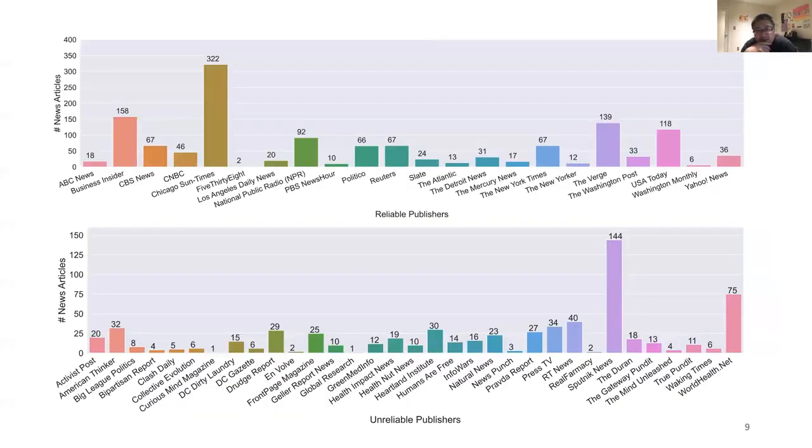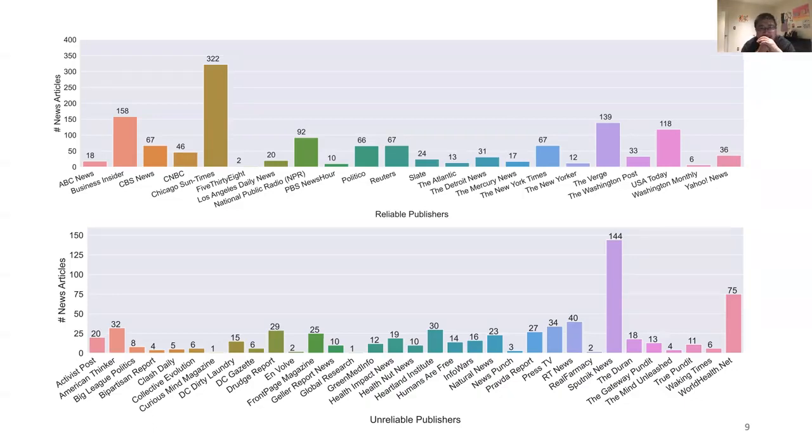This table shows some summary statistics of the news articles included in this data set, and the general statistics of the data set across different publishers, according to the labels of the news articles.